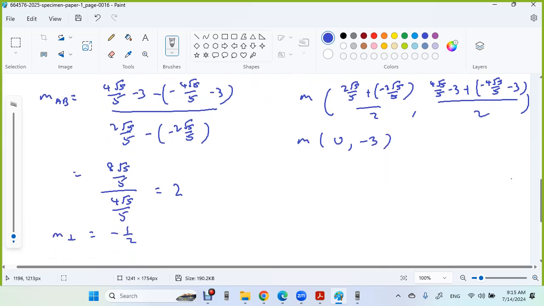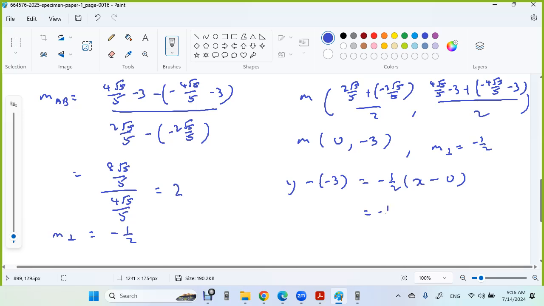Okay, so we have the midpoint, and the gradient of the perpendicular bisector is negative half. So y minus negative 3 equals negative half times (x minus 0).